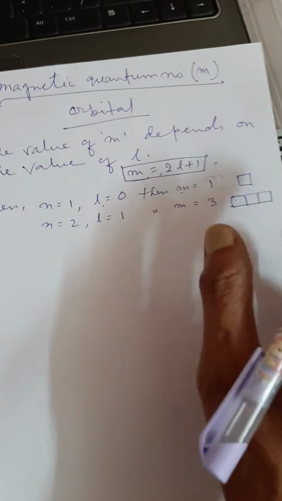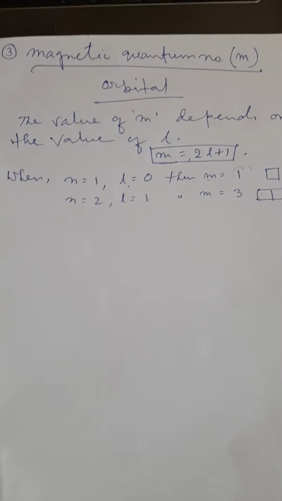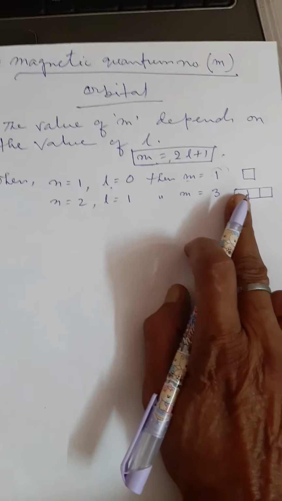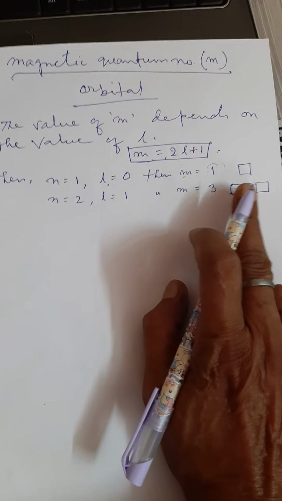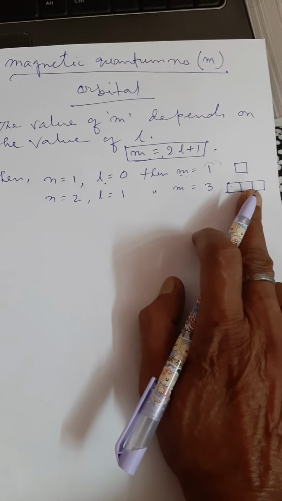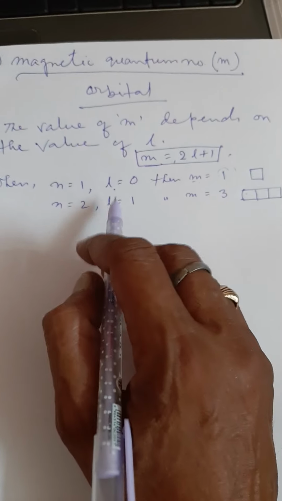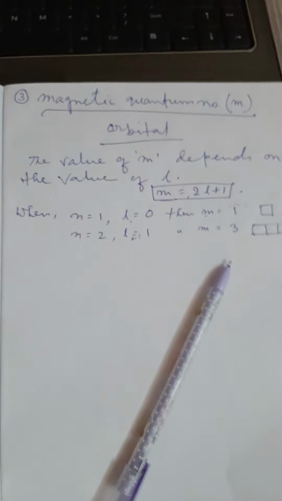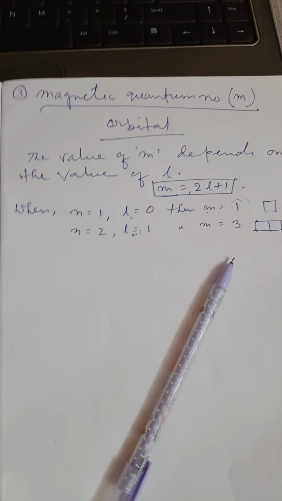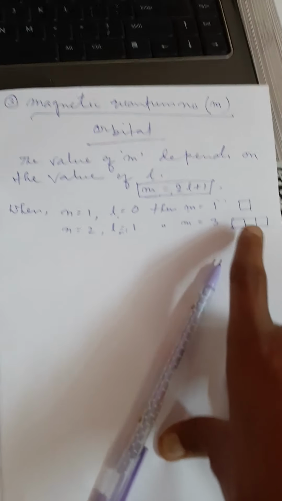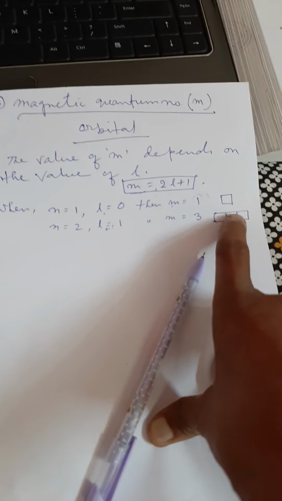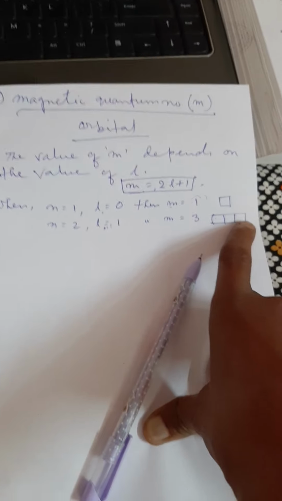One orbital can hold a maximum of 2 electrons, so 3 orbitals can hold a maximum of 6 electrons. And when l equal to 1, what is the subshell? P. So the P subshell has 6 electrons. How? It has 3 orbitals.